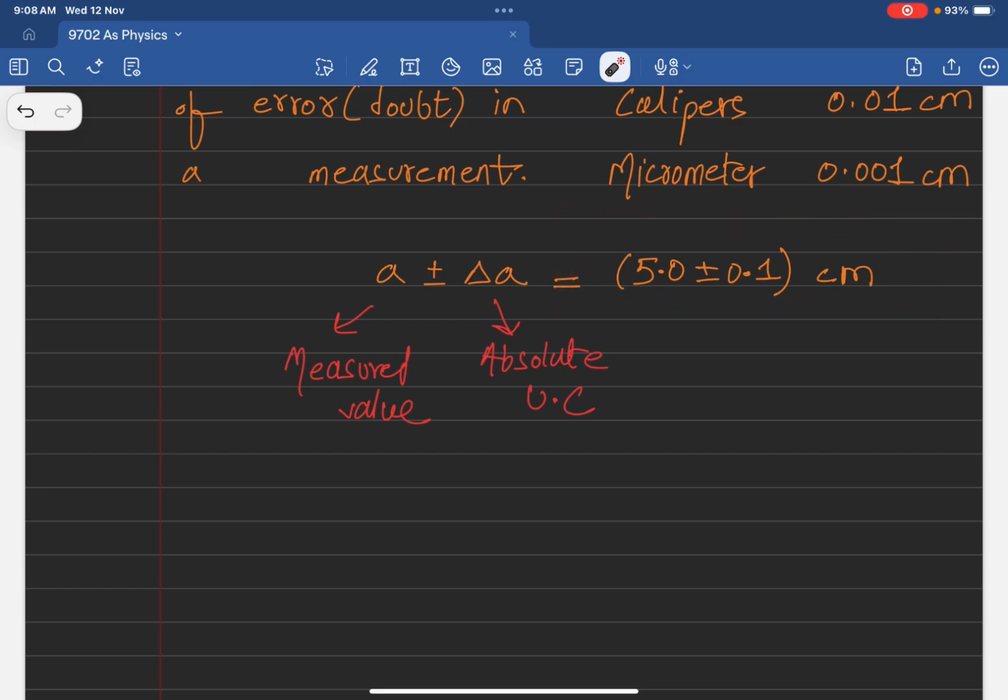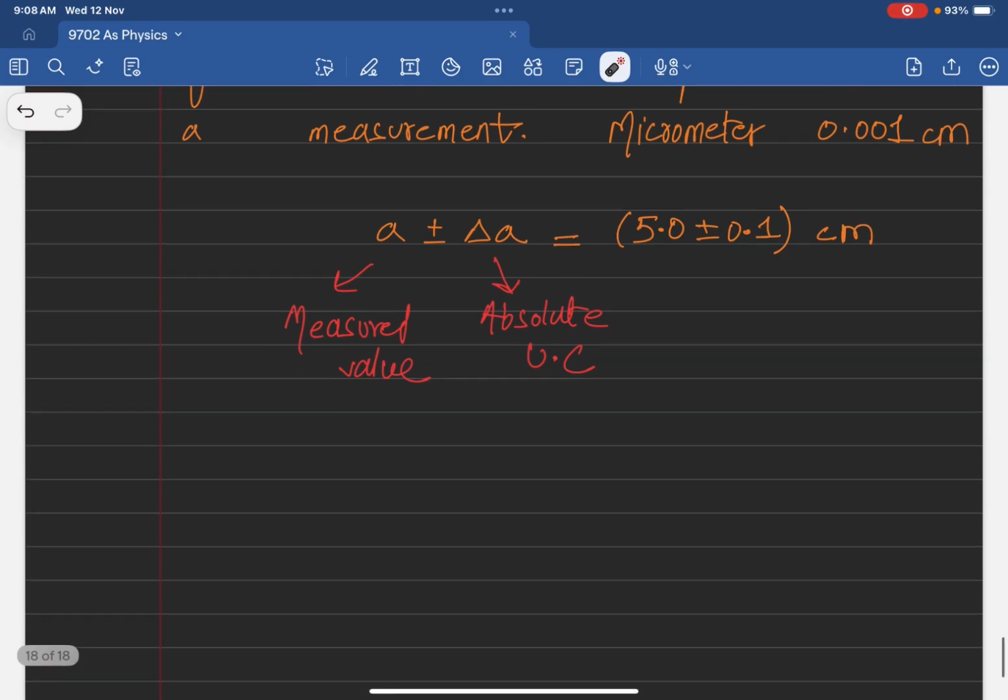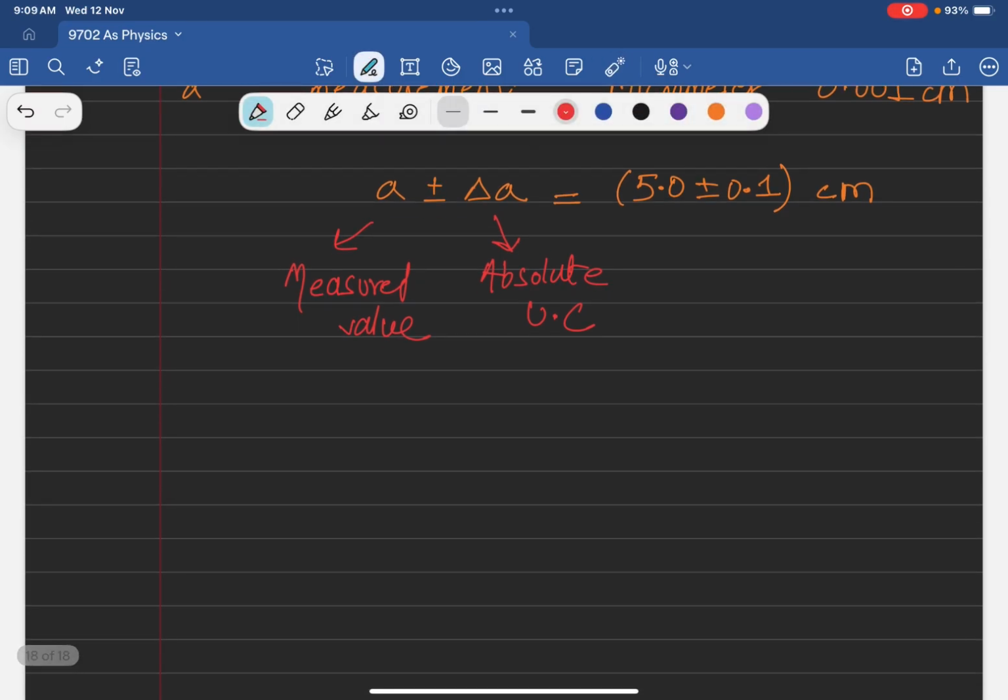So what is it telling us? It is telling us that if we are measuring the A by using any instrument that has an uncertainty of 0.1, or by using any measurement technique in which an uncertainty of 0.1 centimeter can come, then my values are in the range of 4.8 to 5.2 centimeter.